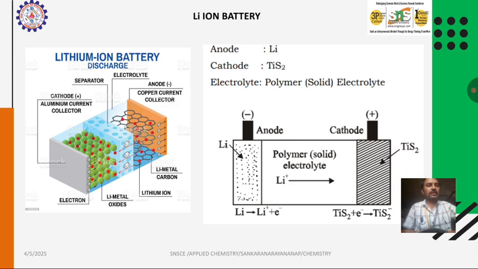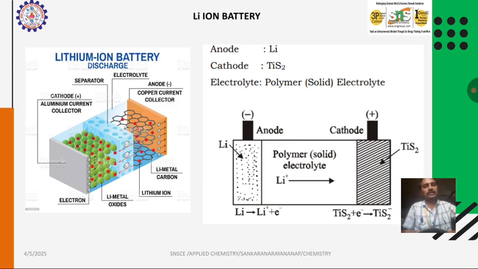The titanium disulfide accepts the electrons, so it has an excess of electrons, becoming titanium disulfide minus. In between you can see the solid electrolyte, which supports carrying the charges. At the top you can see the anode and cathode, as already explained: lithium acts as the anode and titanium disulfide acts as the cathode.